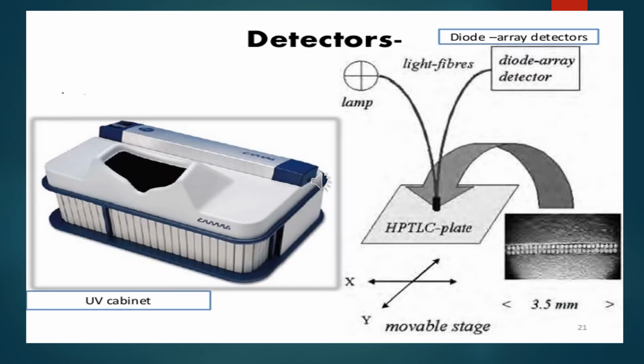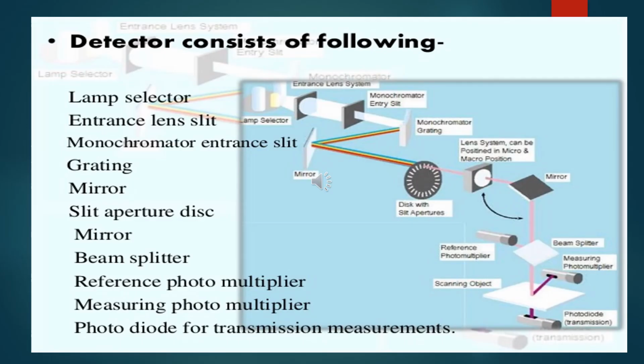These are the detectors. The detector consists of the following: lamp selector, entrance lens slit, monochromator entrance slit, grating, mirror, split aperture disc, mirror, beam splitter, reference photomultiplier, measuring photomultiplier, and photodiode for transmission measurement.